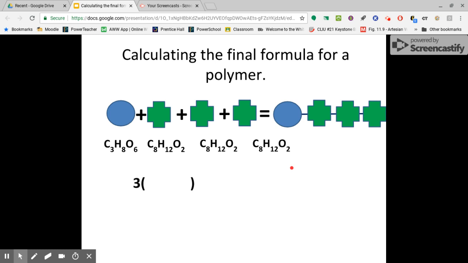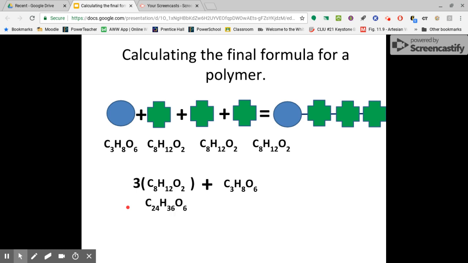So let's start this out. We have 3, so I'm just going to keep it simple, 3 of the green. So each green one has the formula C8H12O2. So just multiply your 3 across, plus 1 of the blue monomers, that's C3H8O6.